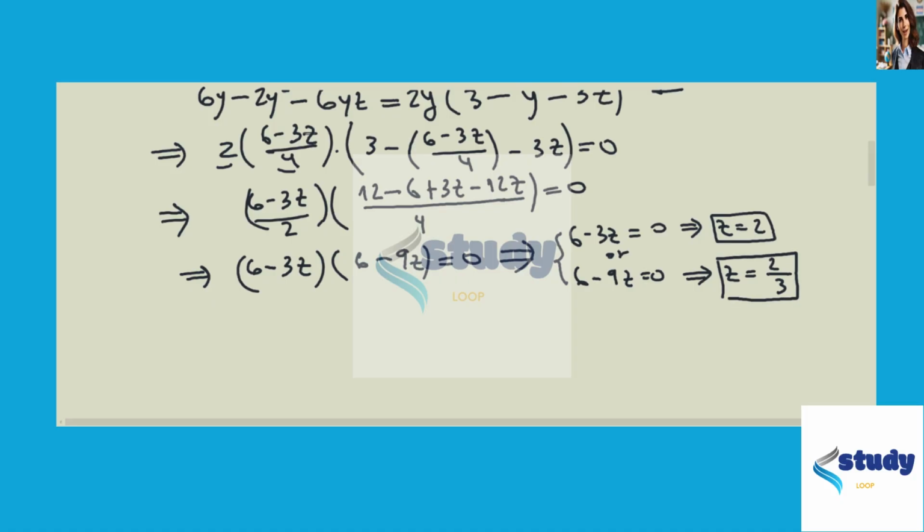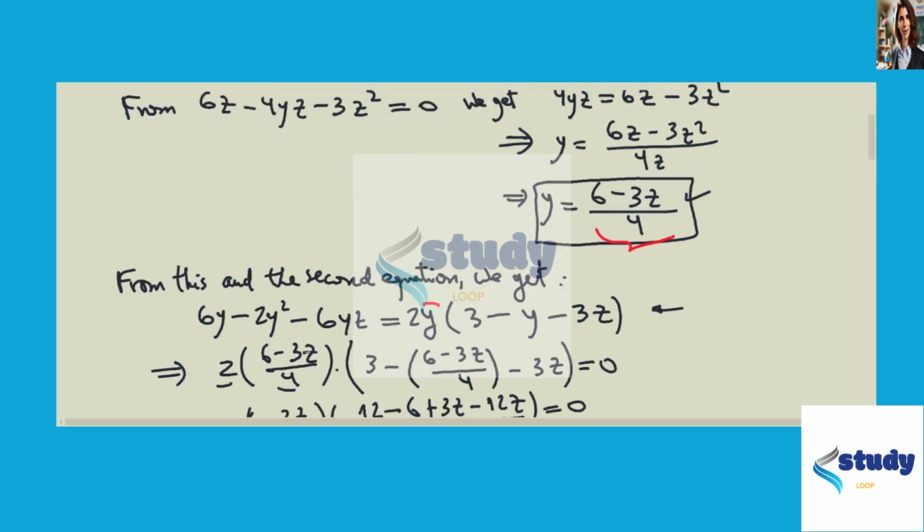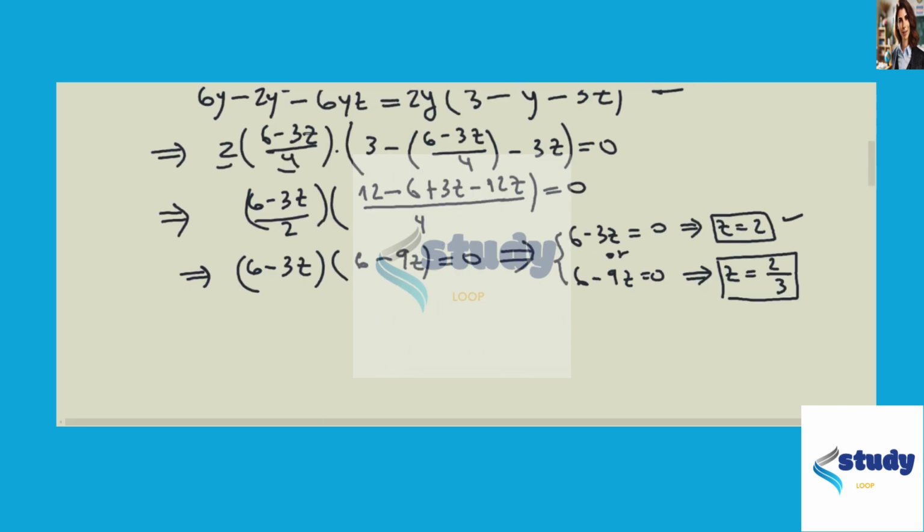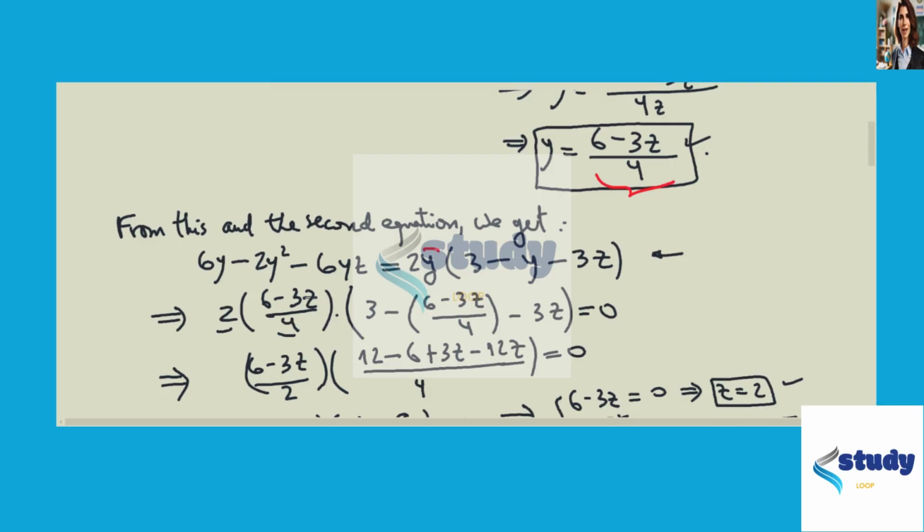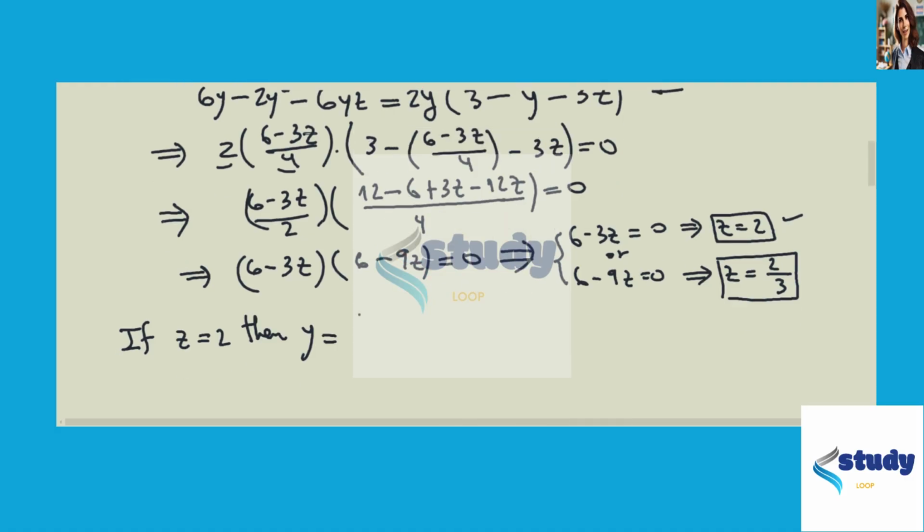Let's see if this solution has sense. And we can see that if z equals 2, then y equals, and we replace here in this equation, 6 minus 3z, that is 6 minus 6 over 4, and we get 0.